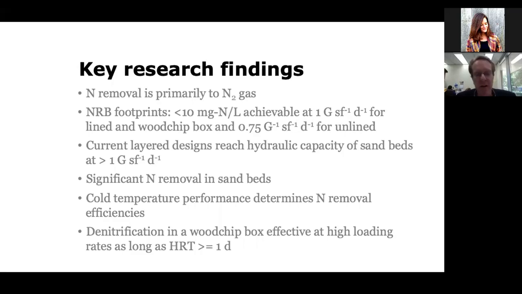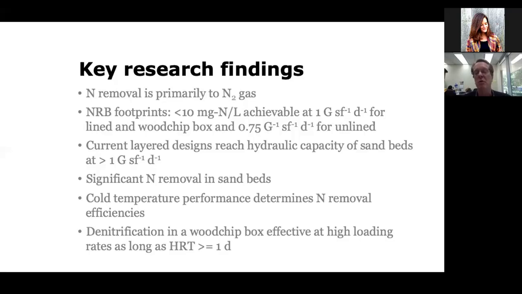We get significant total nitrogen removal in sand beds, about 1/3. And the key to optimizing these systems further is to design them so they perform in cold temperatures better than they do presently. And that's a challenge we're working on.